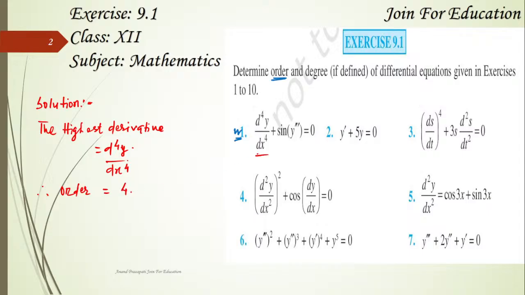Is there any problem to understand up to this step? So the order of this differential equation will be 4, and this differential equation is not a polynomial in its derivative.